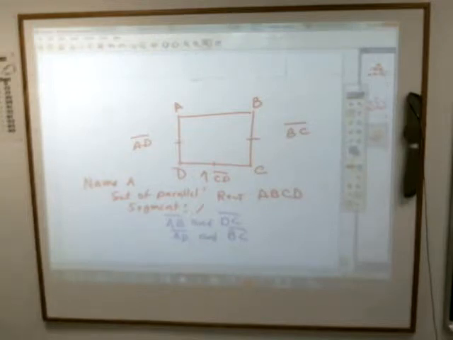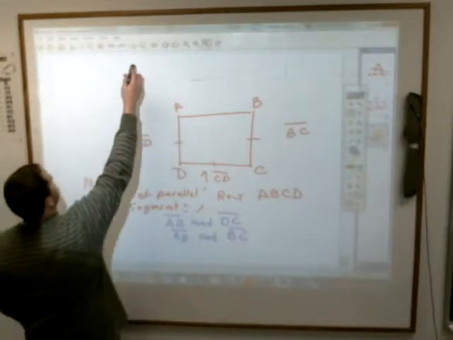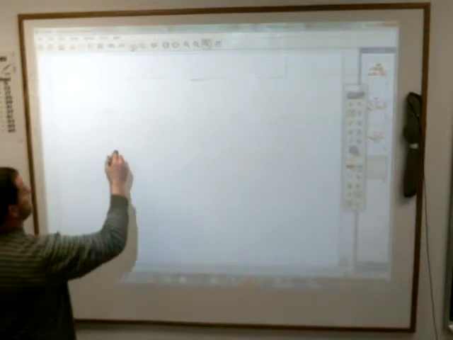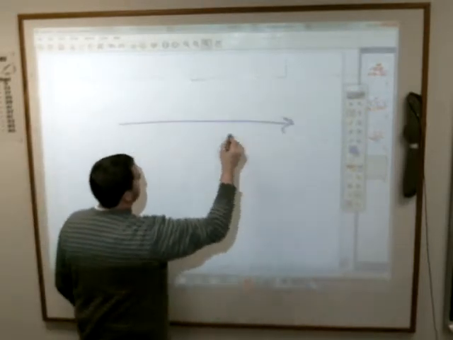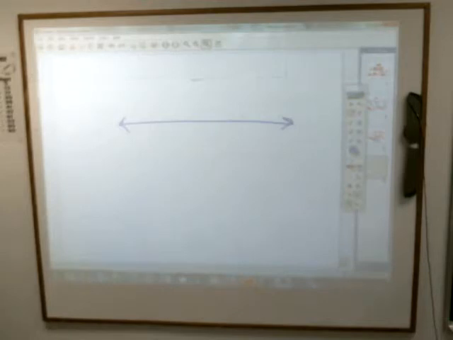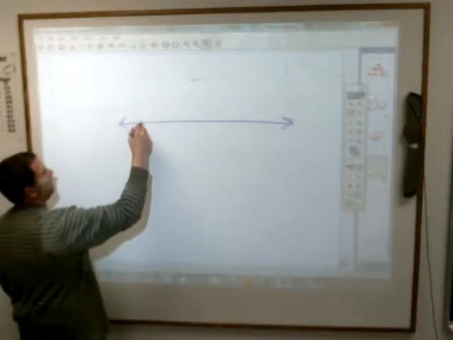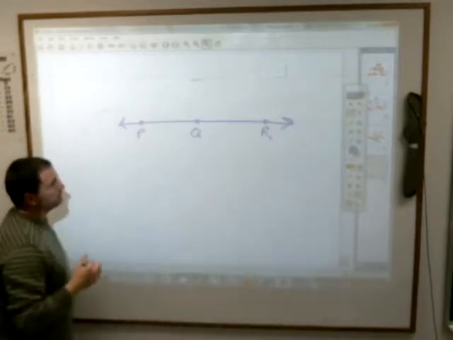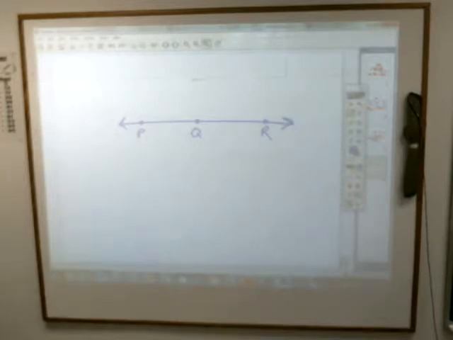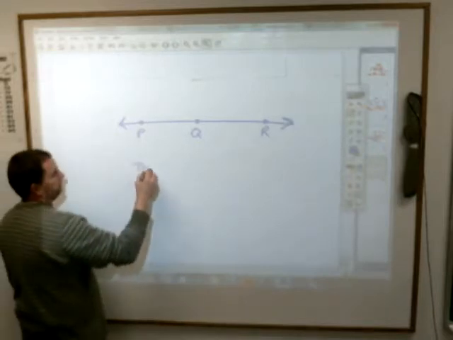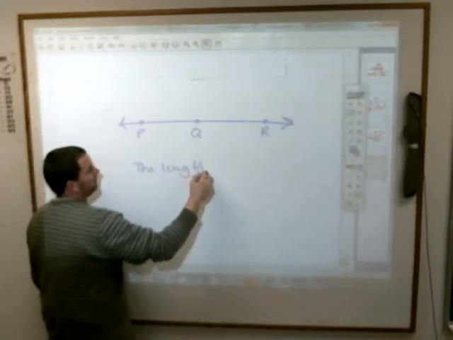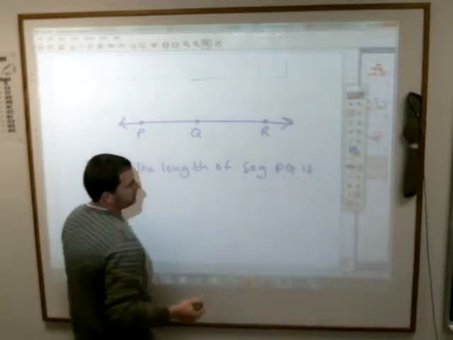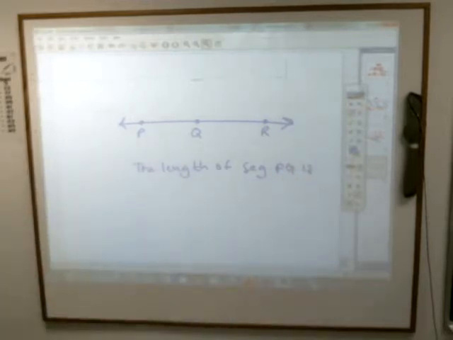And then one last final one. Write down this example sort of problem here. Put this down in your notes, because I guarantee you, some of you won't do what I tell you to do. P, Q, and R. The length of segment PQ is 3 centimeters.